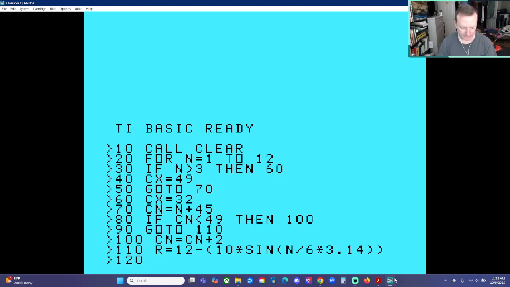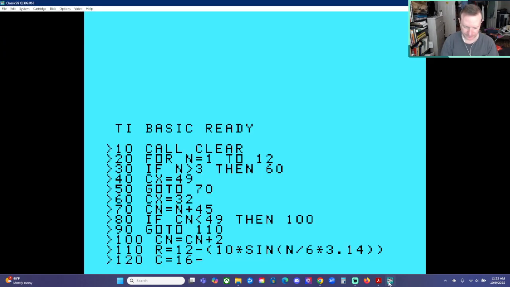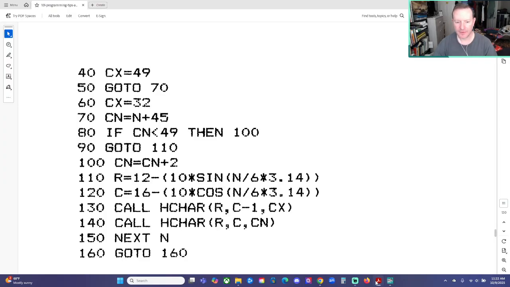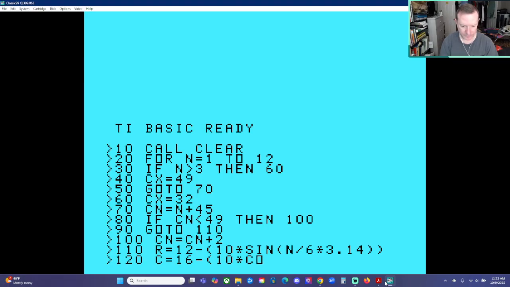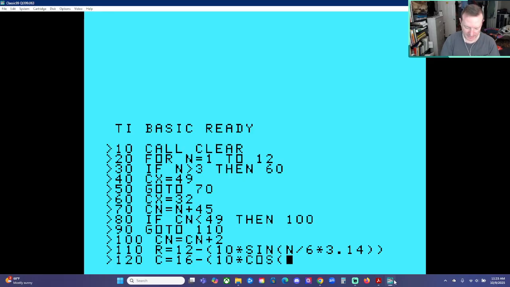Okay, 120, I think we have something similar here. C equals, I guess it's 16 minus 10 times cosine of the same thing, n divided by 6 times 3.14.